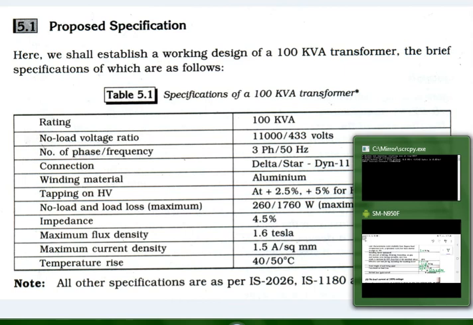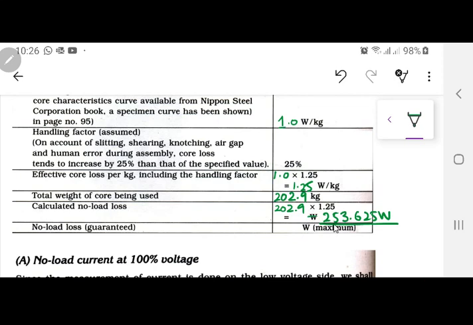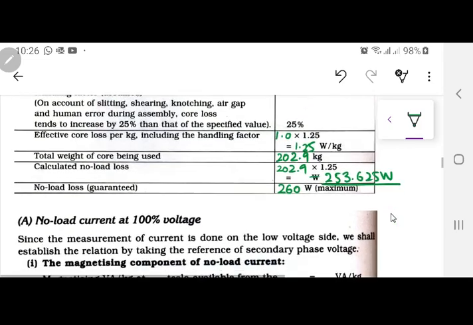So the only way around is that if you are making a flux density of 1.59, go to 1.6 or something, so that you have a little more range, or you can reduce the flux density, totally depending upon you. Here we are at 253, and the guarantee is that you are not going to exceed 260 watts. This is the same value which your consumer actually wanted.